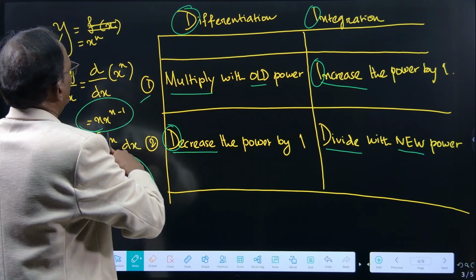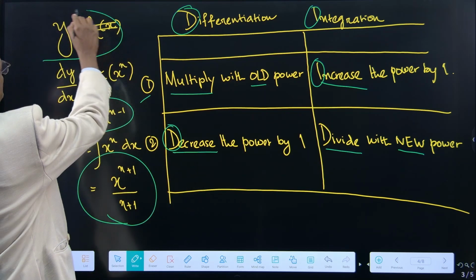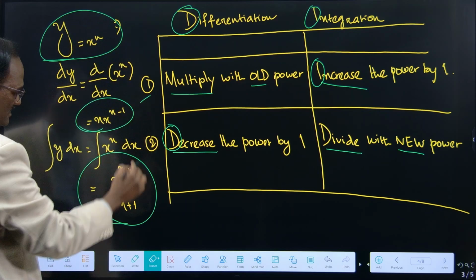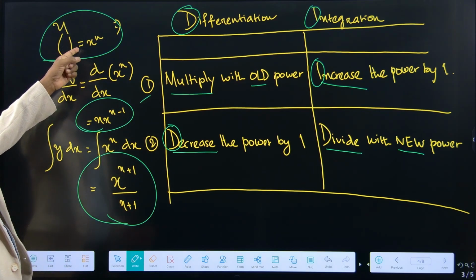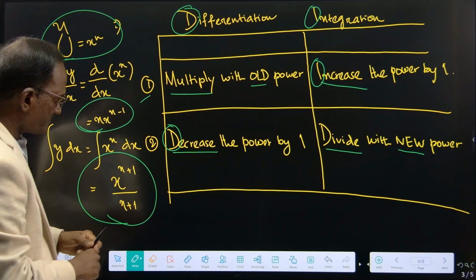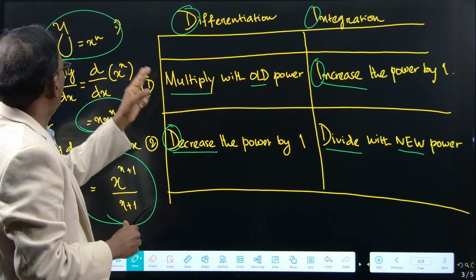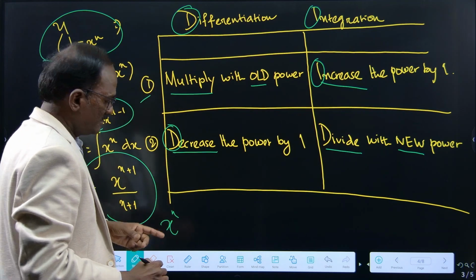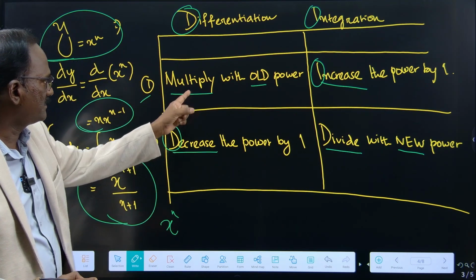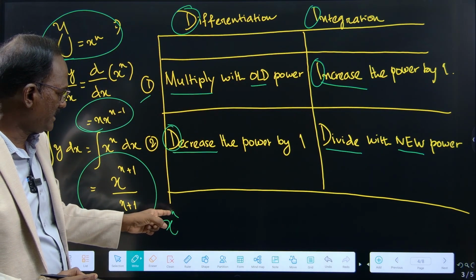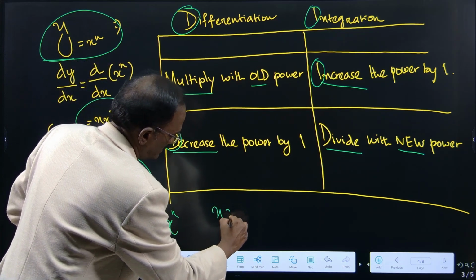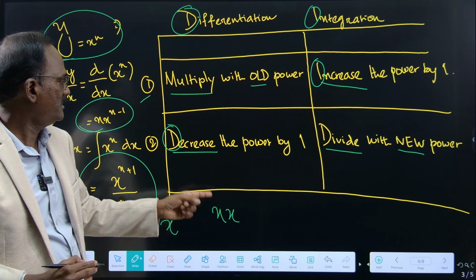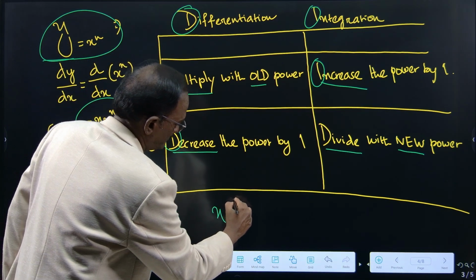The given polynomial is y is equal to x power n. This is what we are given. Multiply with old power. X power n is given. N is the old power. The variable is x. The variable is multiplied with the old power. Then decrease the power by 1.